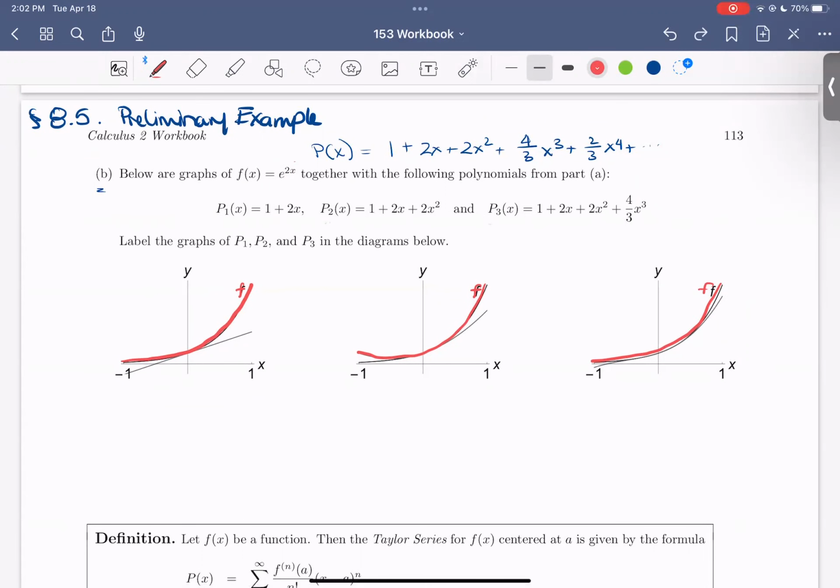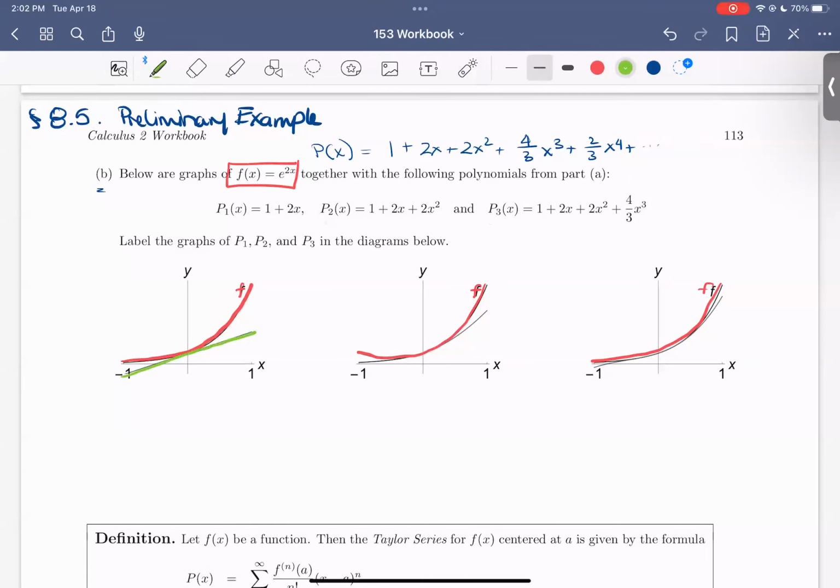Now let's go ahead and determine which graph corresponds to each polynomial. Notice p sub 1 has just a linear factor, meaning there are no exponents. So it would make sense then that P1 is going to be that first curve here.